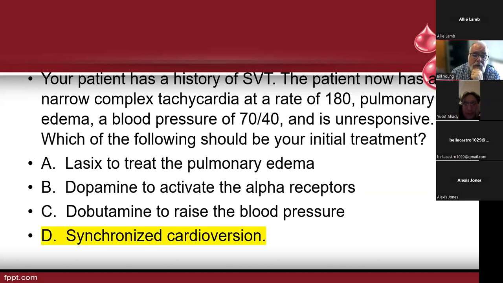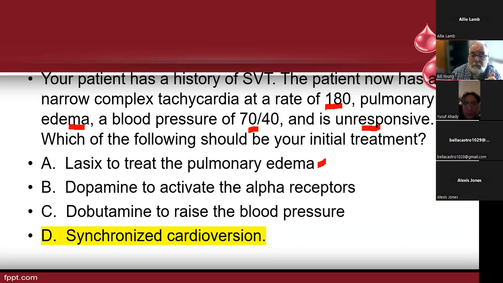We've got a patient here that is circling the drain. Fast heart rate, low blood pressure, pulmonary edema, and unresponsive. So this patient is definitely in decompensated shock, and they're knocking on the door of irreversible shock. Can we give them Lasix to treat the pulmonary edema? Yeah, we can.